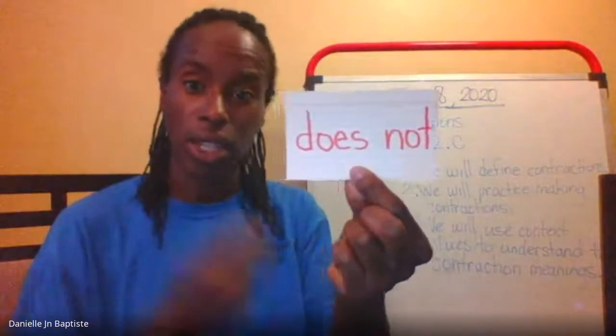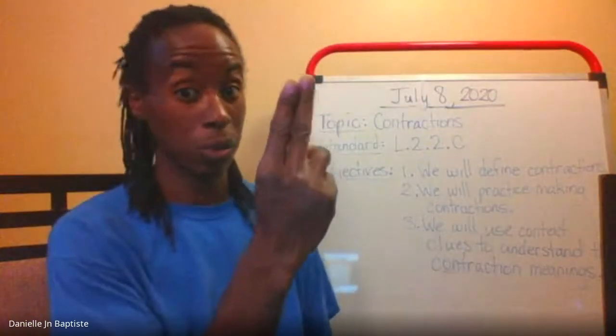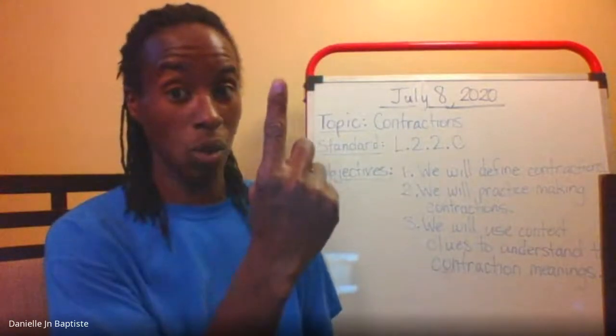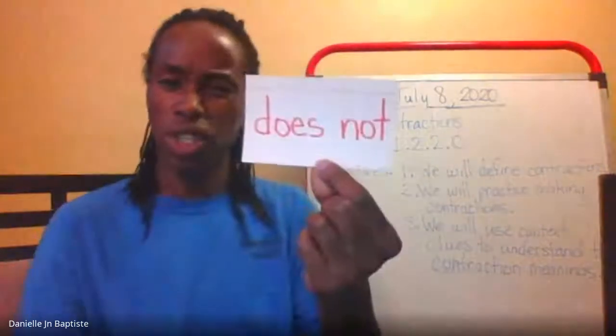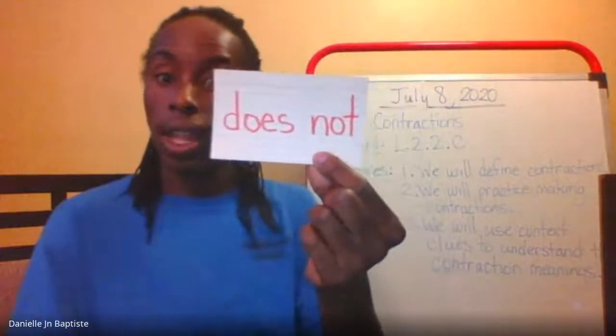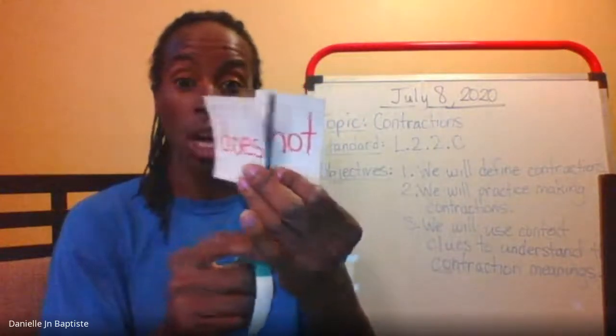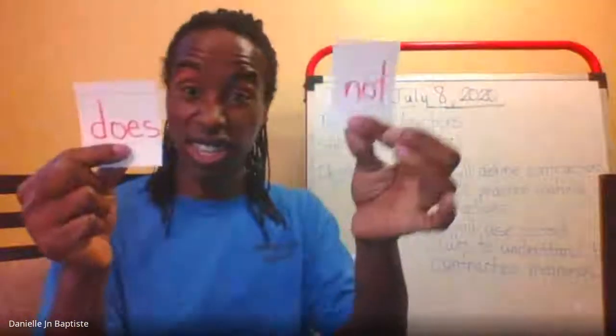Does not. Two words. Do it with me. Two words that we put together to make one. The two words are does not. Yes? Let's cut out part of not. We have does not.